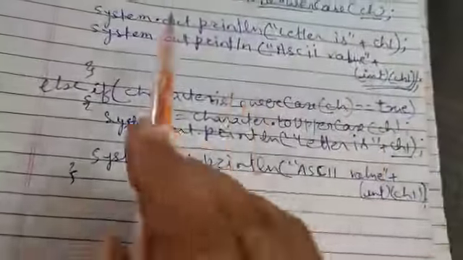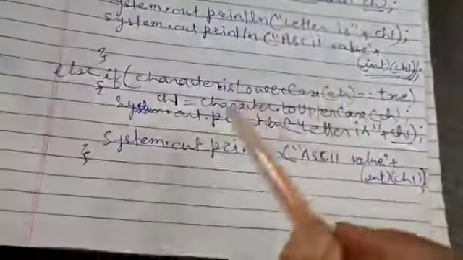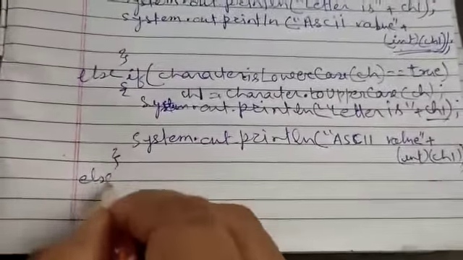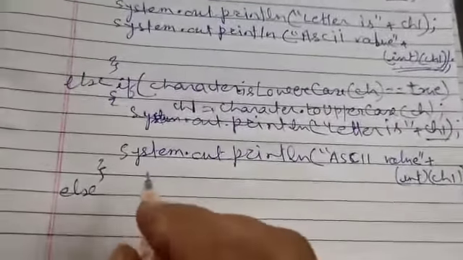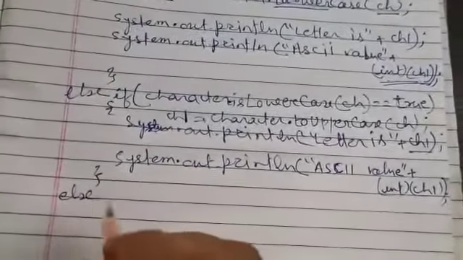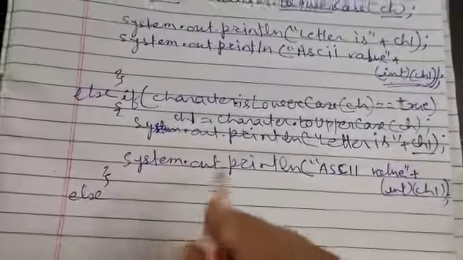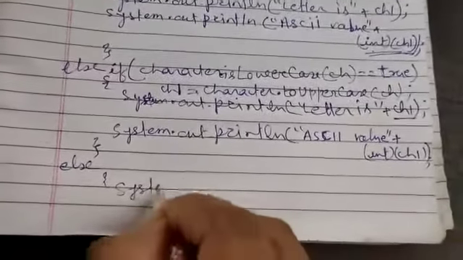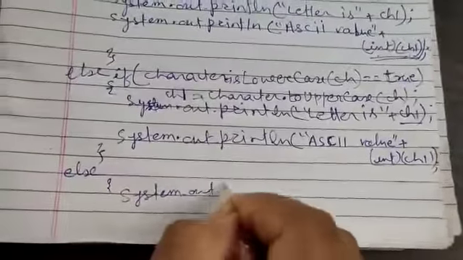After this, if it is not a lowercase value and not an uppercase value, that means whatever is entered will not be valid for my program, this program at least. So I am going to print System.out.println.